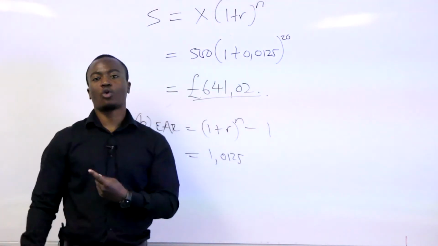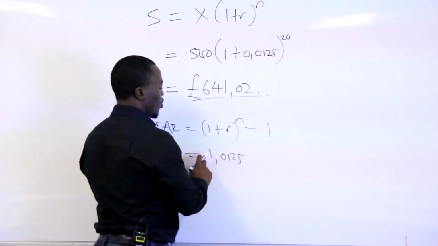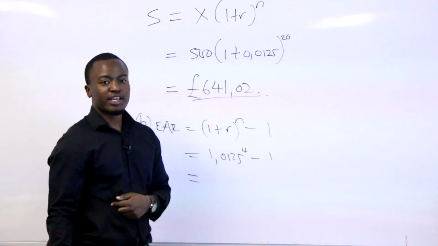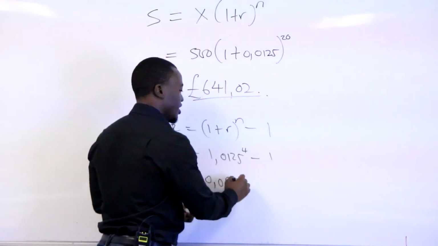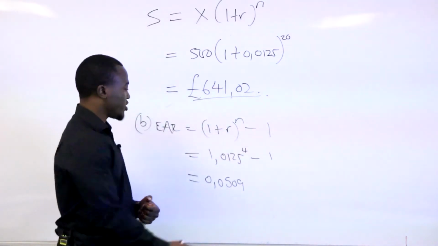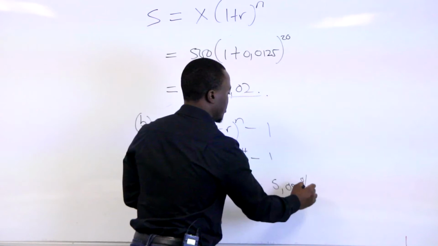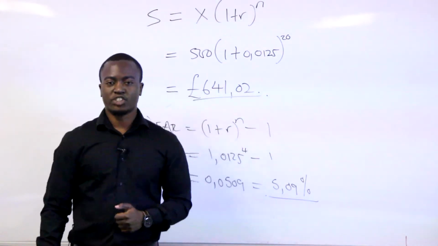Remember, 1 period is 1 quarter according to this question. So how many quarters are there in a year? There's 4. So it's 1.0125 to the power of 4 minus 1. And the rate you'll get is 0.0509, which is a percentage of 5.09%. That's the equivalent annual percentage.